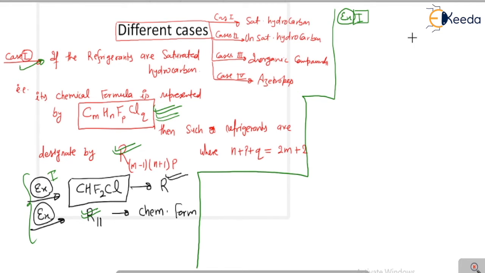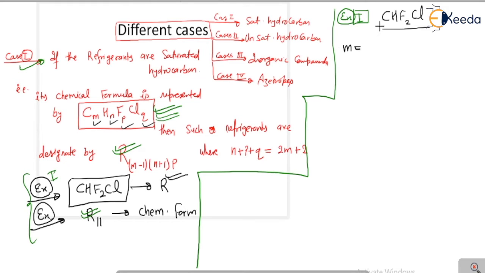Our example number one is: we want to convert CHF2Cl into R form. First of all, we have to observe what the value of m is, what the value of n is, what the value of p is, and what the value of q is.